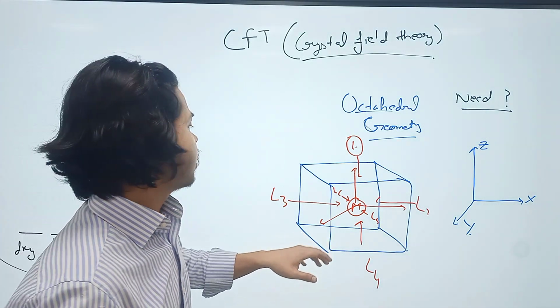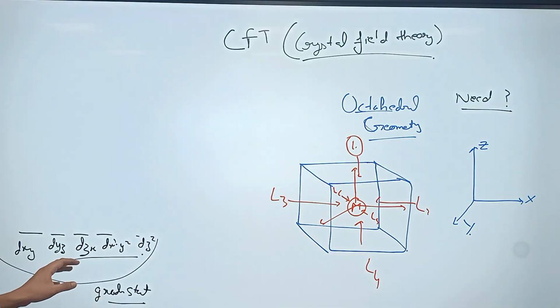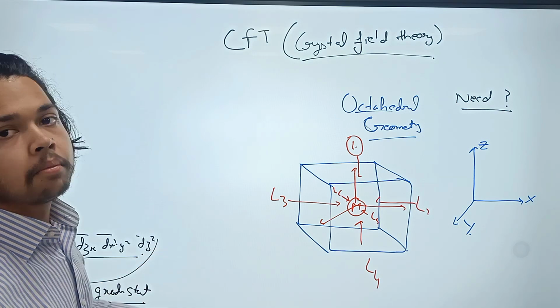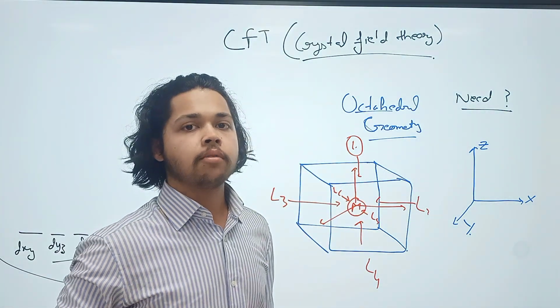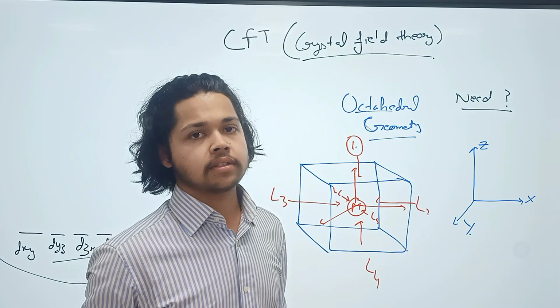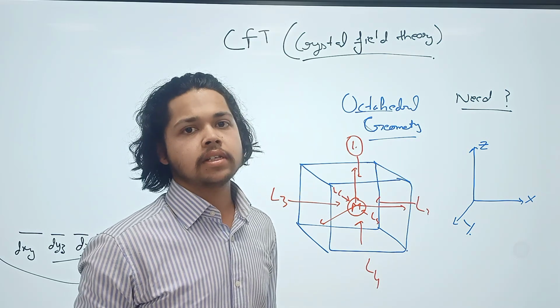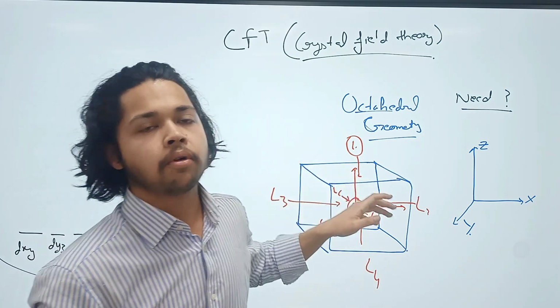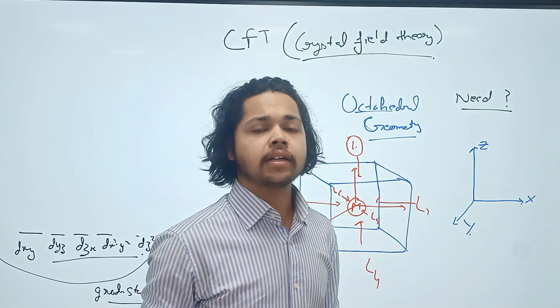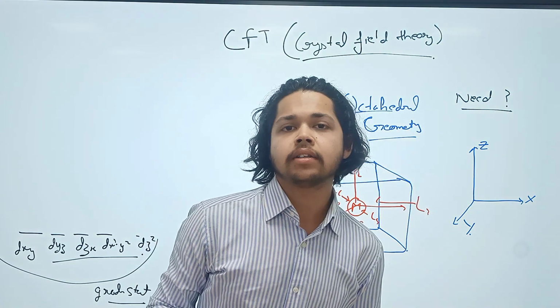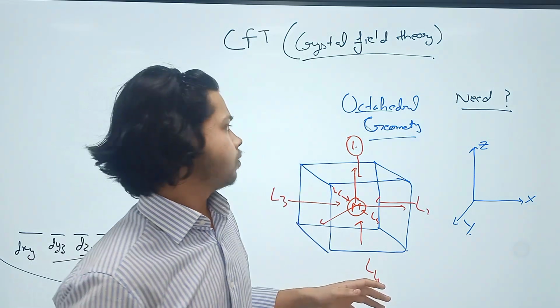Due to this, the orbitals which are along the axis get more destabilized compared to the orbitals which lie in between the axis, which get less destabilized. The more destabilized set of orbitals is called the unstable set, and the less destabilized set we call the stable set of orbitals.